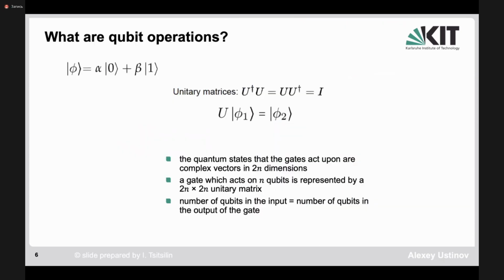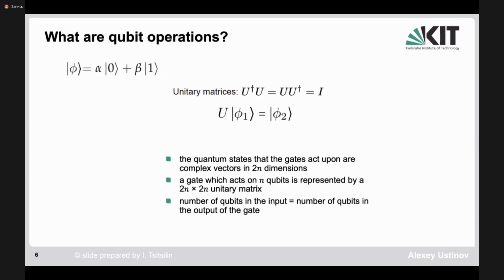Now, in quantum computing, we operate with states of two-level systems, states of qubits, which are determined by two complex numbers, alpha and beta, which we can visualize on the Bloch sphere. Manipulation of these states is achieved by making unitary transformations.